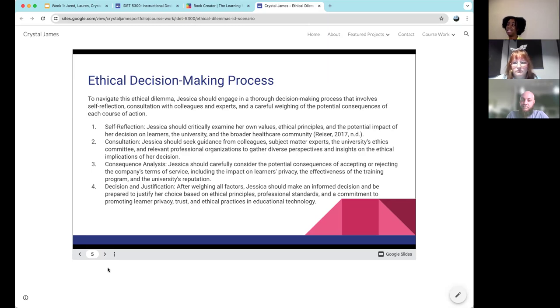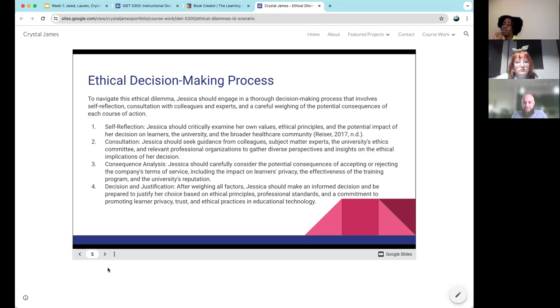Then she can seek guidance from colleagues, subject matter experts, the university's ethics committee, and relevant professional organizations to gather diverse perspectives and insights on the ethical implications of her decision. After that, Jessica can carefully consider the potential consequences of accepting or rejecting the company's terms of service, including the impact on learners' privacy, the effectiveness of the training program, and the university's reputation.